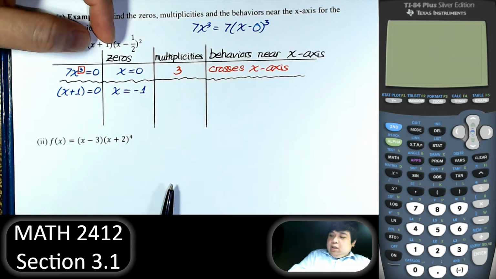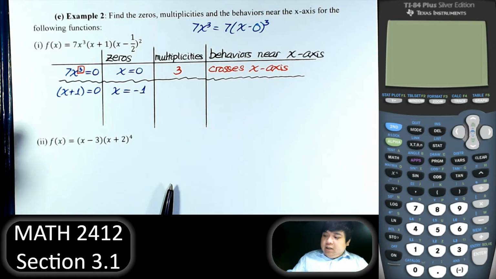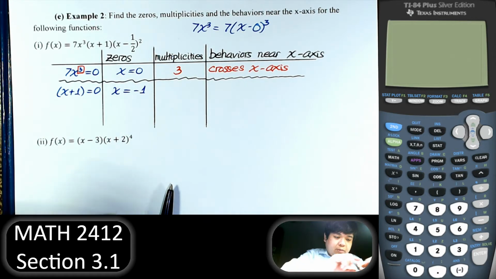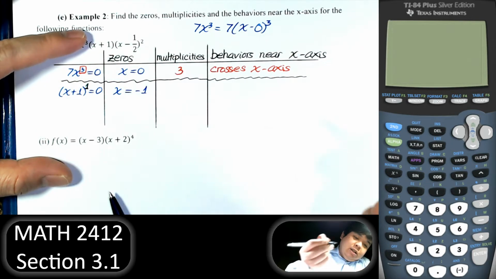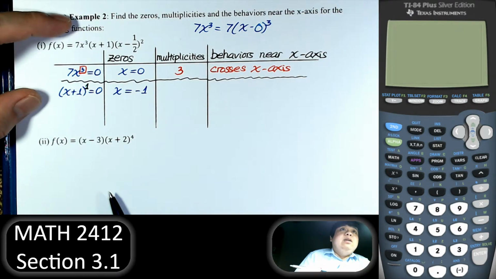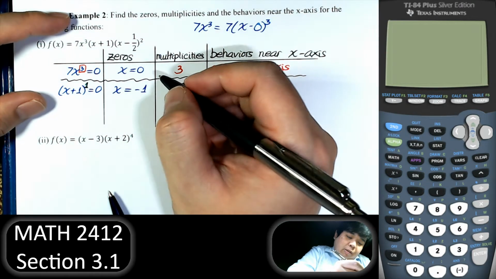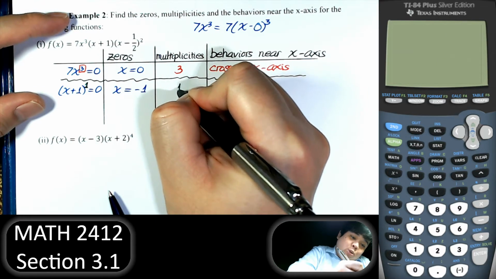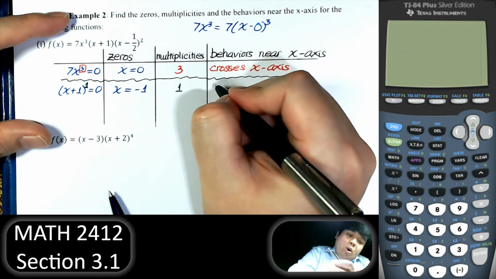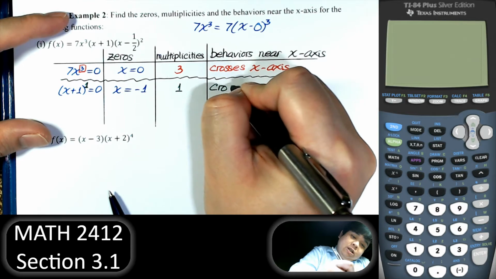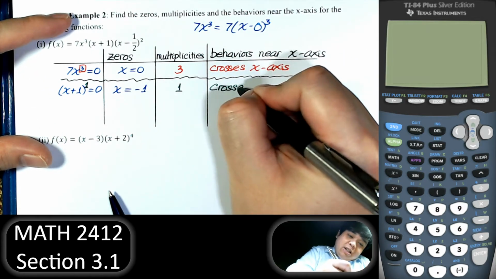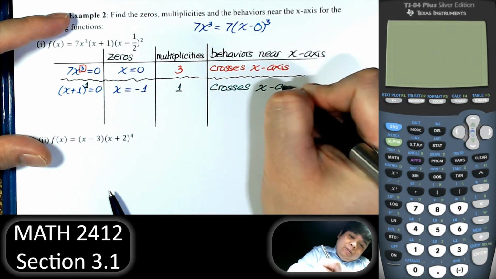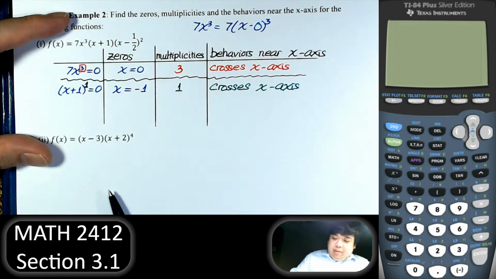The multiplicity here, by default, is to the first power, meaning multiplicity is 1. And if it is odd, 1 again, the graph crosses the x-axis if it's odd.